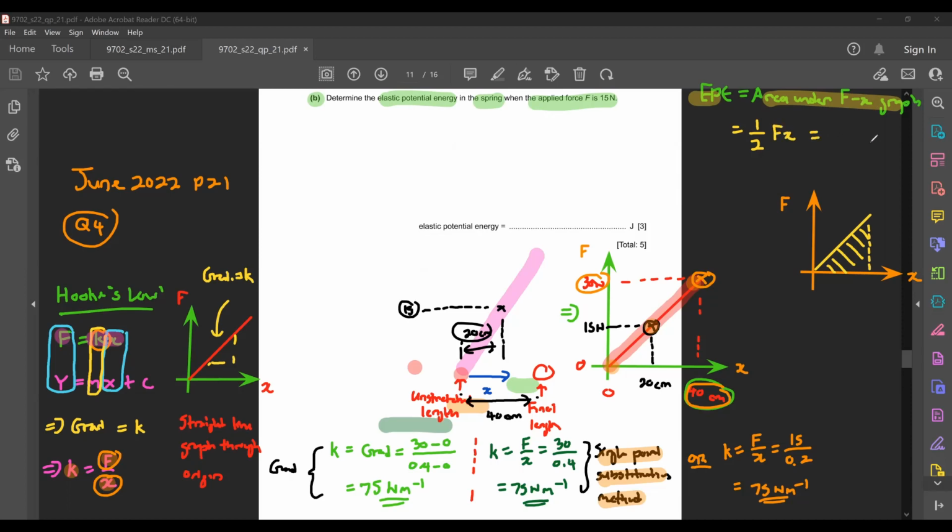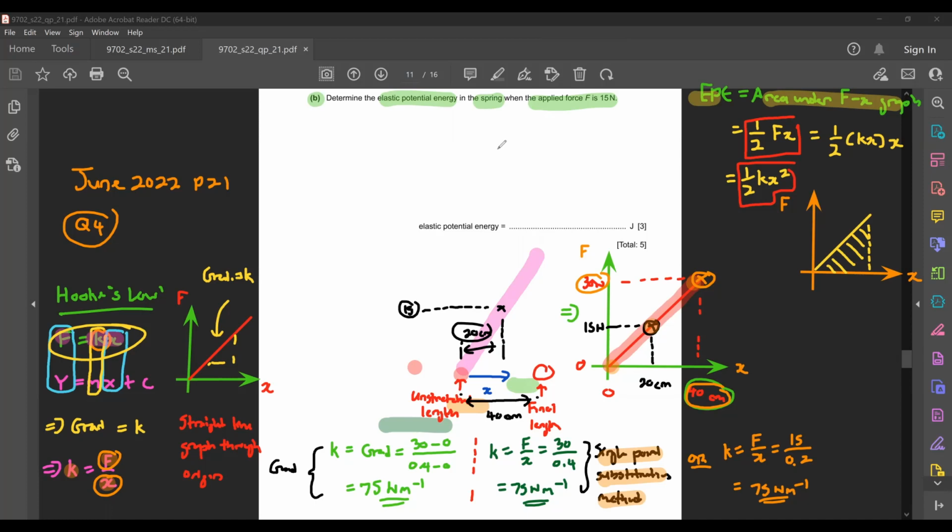And then we also know that F equals kx because of Hooke's law. If we put in kx to replace F, multiplying it with x again, we get half kx squared. So when it comes to finding our elastic potential energy, we have two equations that we can use. It's either half Fx or half kx squared. Either one will allow us to find out the EPE.